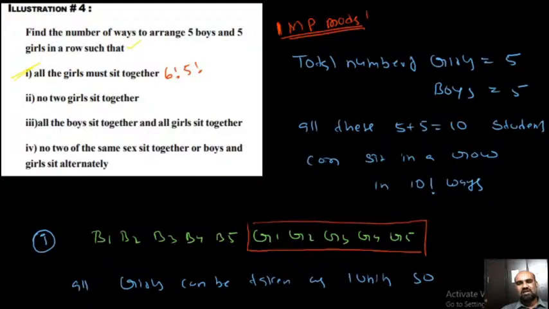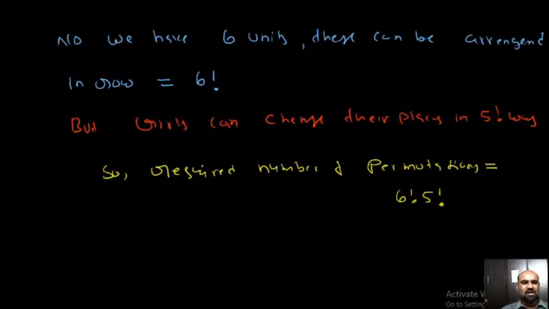How they will ask questions is important. There are 3 types of problems. All girls come together. All girls never come together. No two girls come together. These are different, so we should take care of that. All girls never come together: two may come together, but all should not.